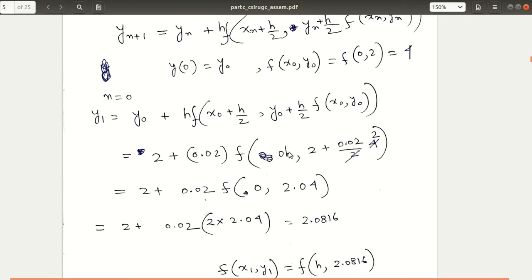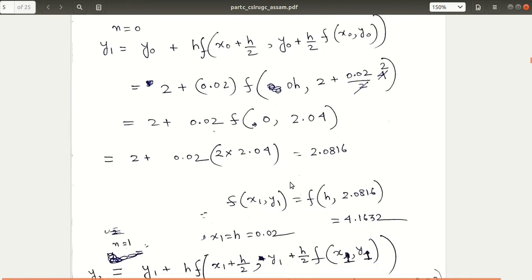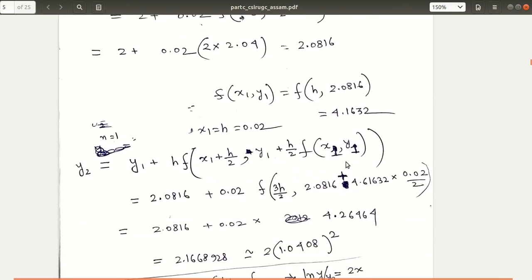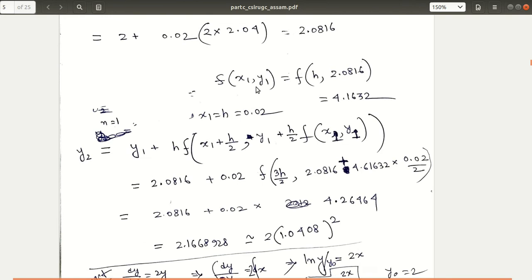Oh sorry, there will be plus h by 2 in x here, but that doesn't matter, because our function is independent of x. Here y0 is 2, and h by 2 is 0.02 by 2, into the function f of x0, y0, which is 4. Then 2 and 4 will cancel out, and if you calculate, it will give you 2.0816.